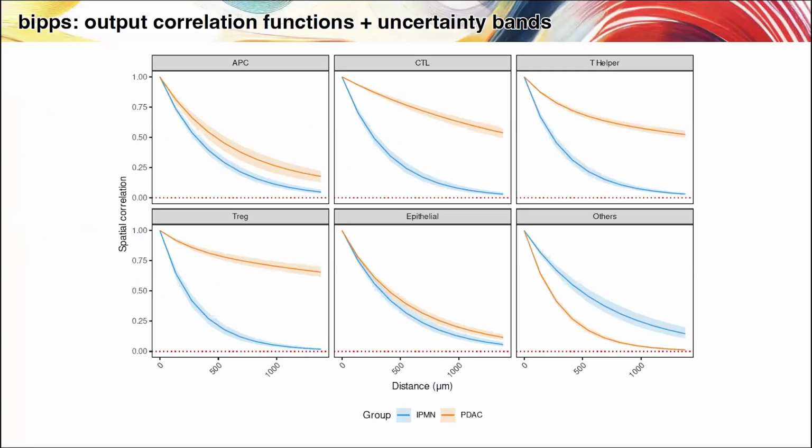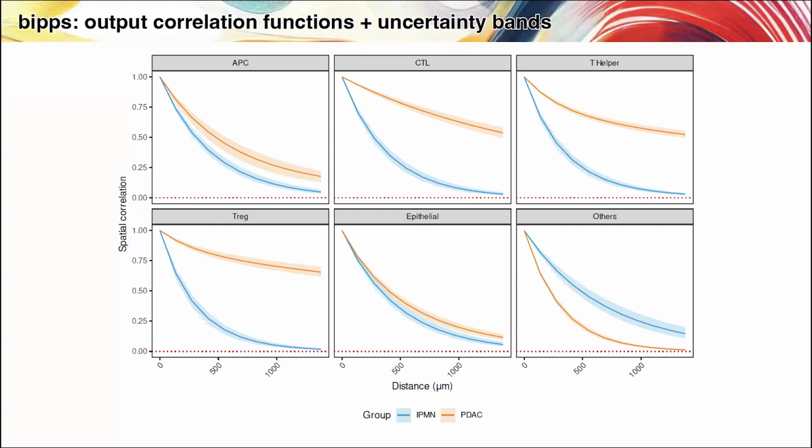And so this is the output for the actual correlation functions with uncertainty. The bands correspond to our measurement of uncertainty, how uncertain we are about where they should sit. Here we are looking at the marginals. For example, for Treg cells, we see that PDAC has a lot more clustering of Treg cells, which means they tend to be close to each other relative to IPMN.